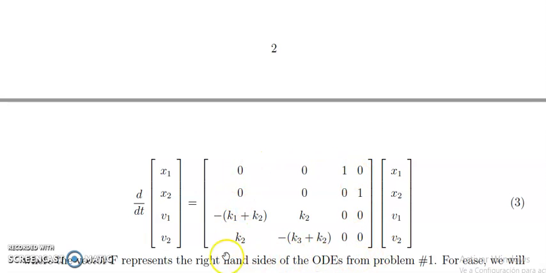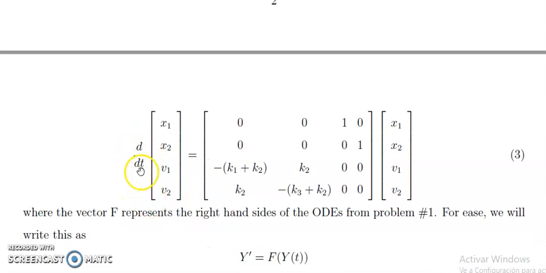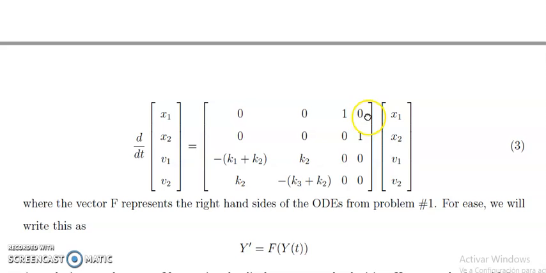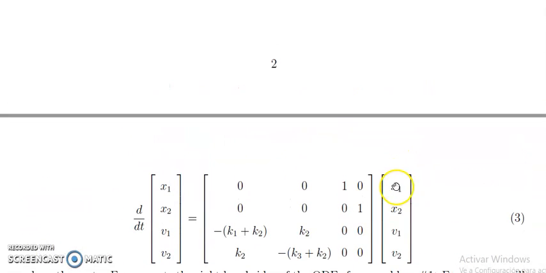So you see that, for example, the derivative with respect to t of x1 is equal to this. You multiply all these terms with this vector, and the only term that survives is b1. Here, the derivative of x2 with respect to t, you multiply all these terms with this vector, and the only one that survives is b2.